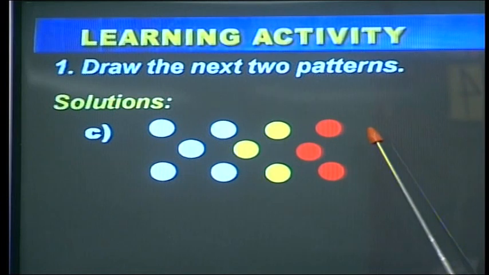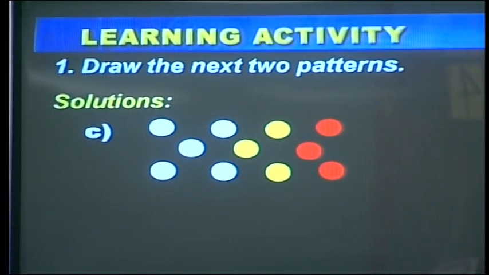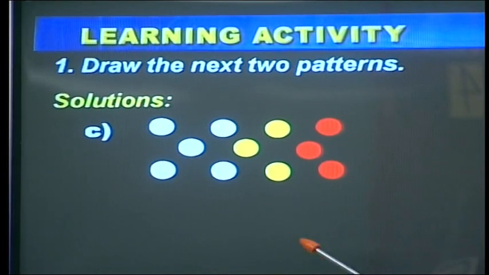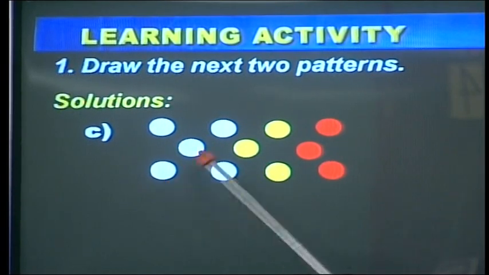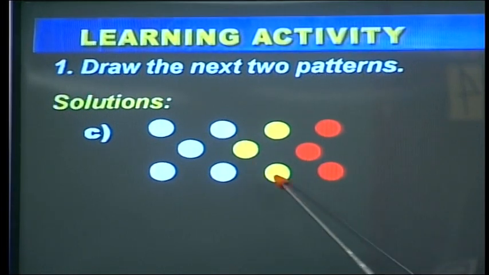So that represents the third term. You can see there is a pattern there where the dots are lined up this way. Can you see that? And also this way. And that's how you can form your patterns.